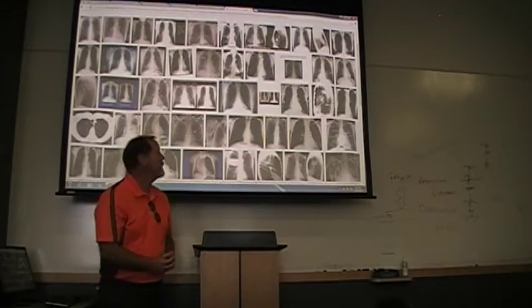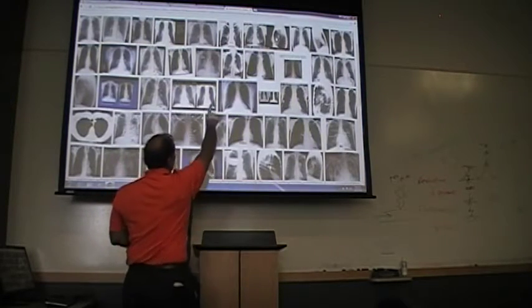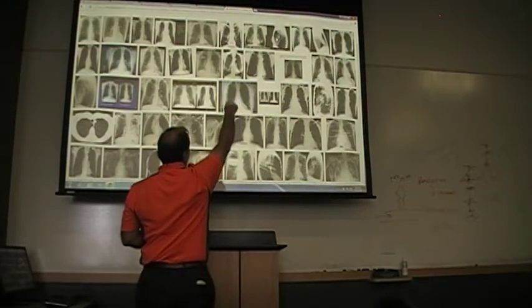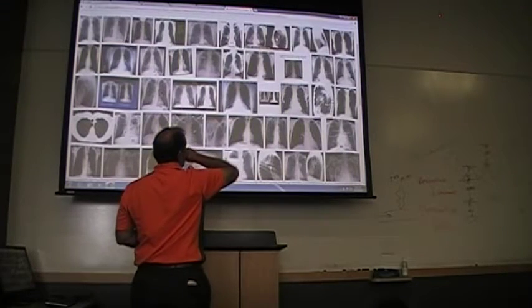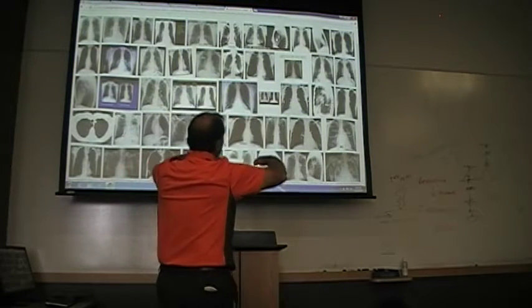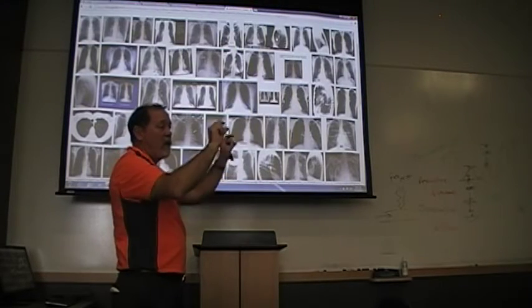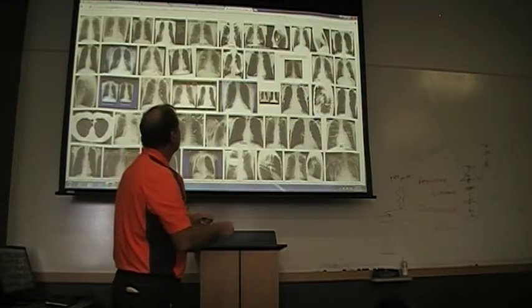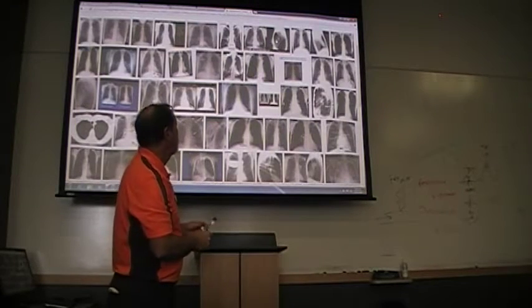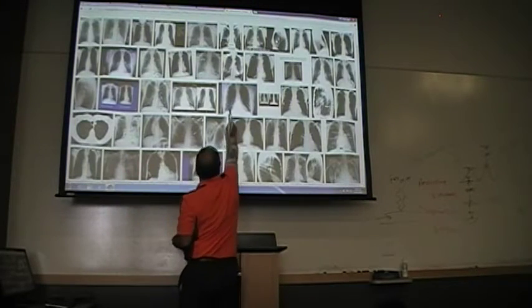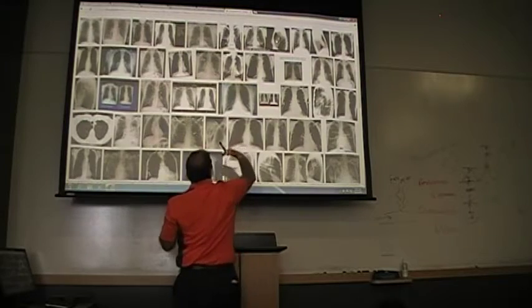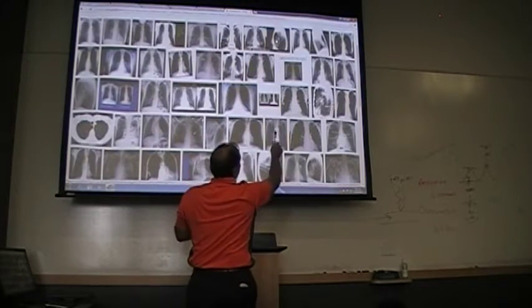Well, some of these X-rays, I'm looking at this one up, 1, 2, 3, 4 from the right. You can see how low and flat the diaphragms are. The other X-rays that we've seen had very sharp, well-defined costophrenic angles. And it's full of air. Look how full of air this one is, and this one is, and how low and flat the diaphragms are, and how narrow and skinny the heart is.